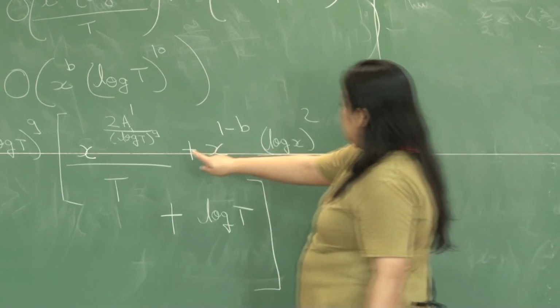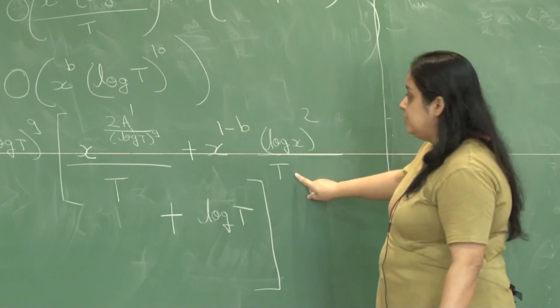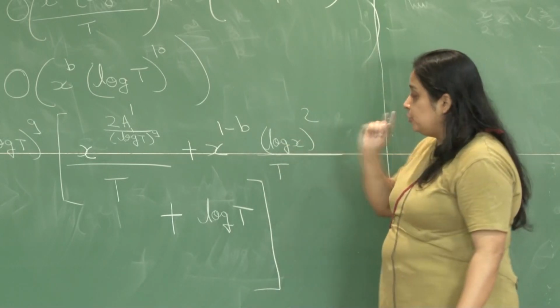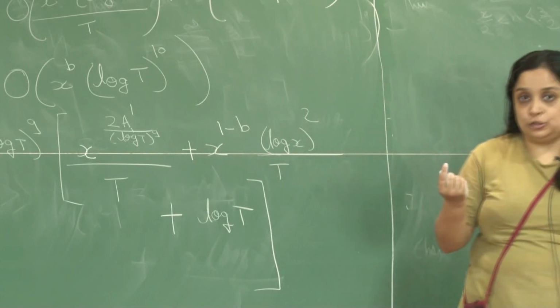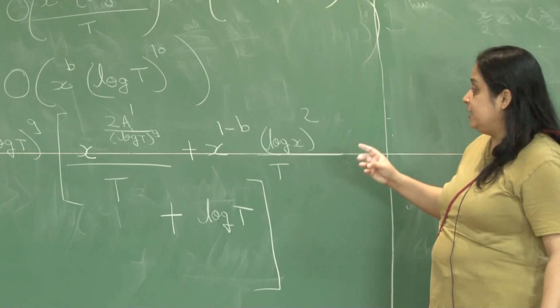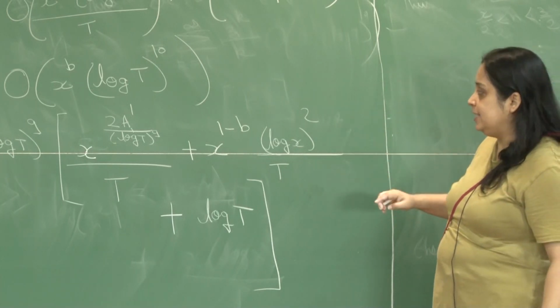So this term seems to dominate this. There is a T in the denominator here also. What's more, what is one of the things we've learnt about the growth of logarithm? It is less than x raised to the theta for any theta greater than 0, or for any epsilon greater than 0.